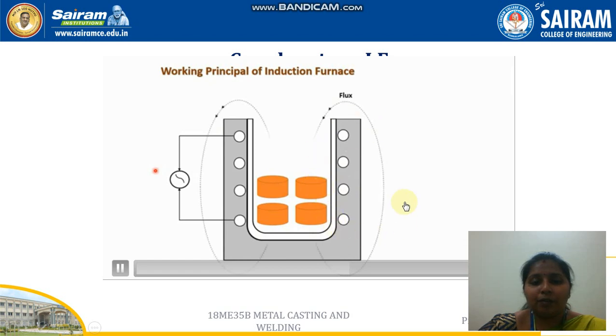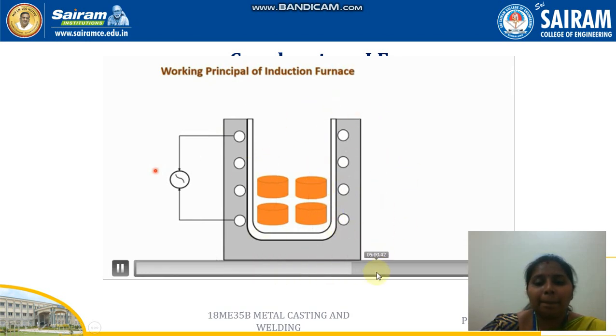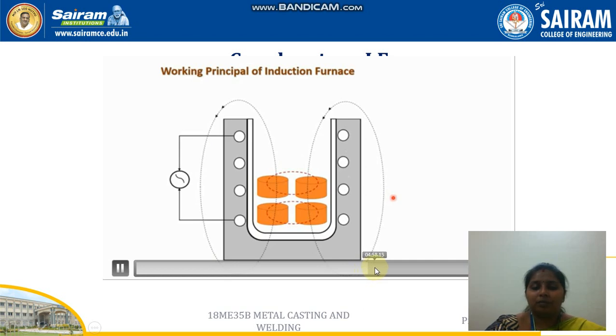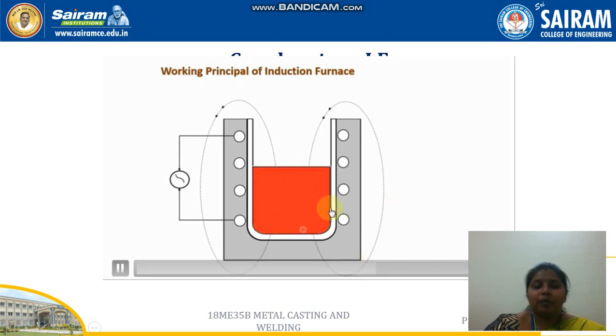You can see the flux created. Due to this, eddy current is induced, which generates heat, and due to the heat generated the raw material is converted into molten metal.